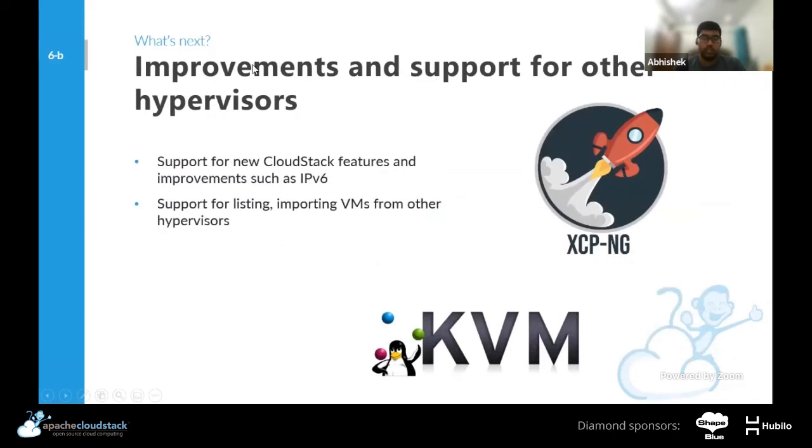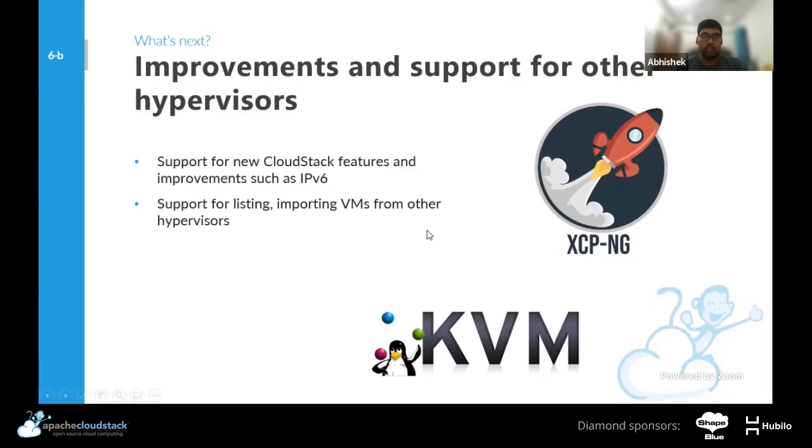Also, in terms of improvements, CloudStack is improving every day. New features are being added. So we might also have to look how they are supported in VM ingestion process. So something like IPv6, which is currently not supported during import, we can have them.